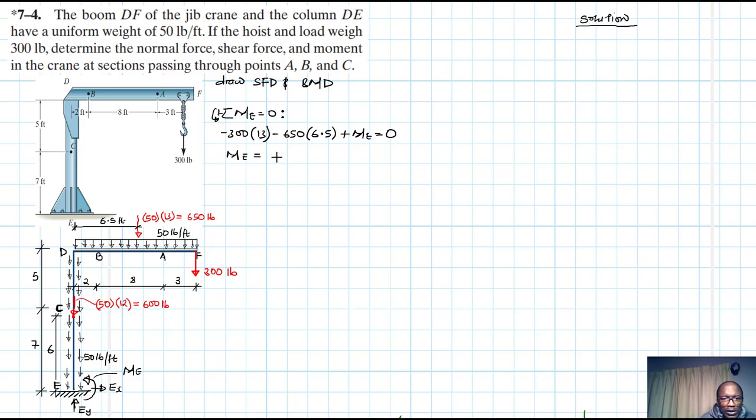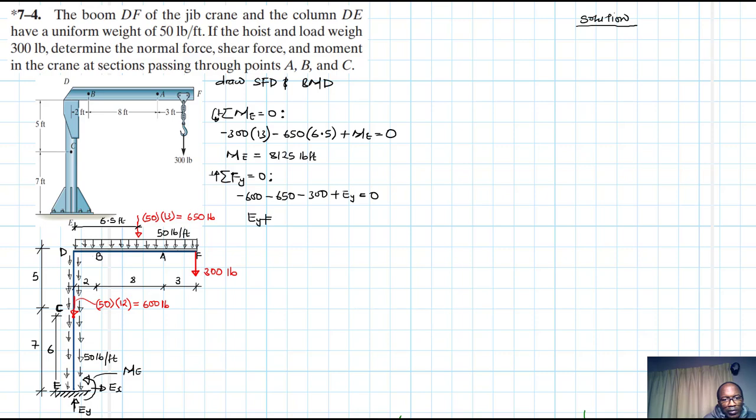Okay, so we have ME is equal to 81.25 pounds feet. Alright, and then we have summation of forces in the Y equal to 0. What do we have? We have minus 600 minus 650 minus 300 plus EY equal to 0.